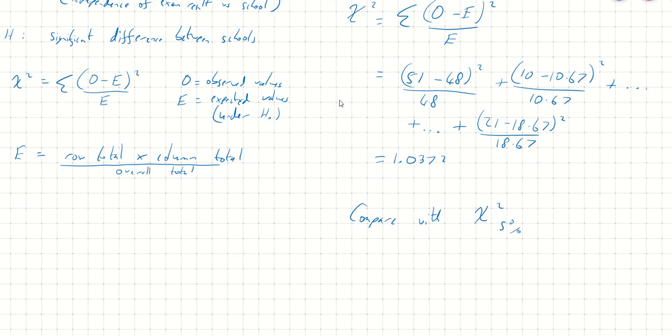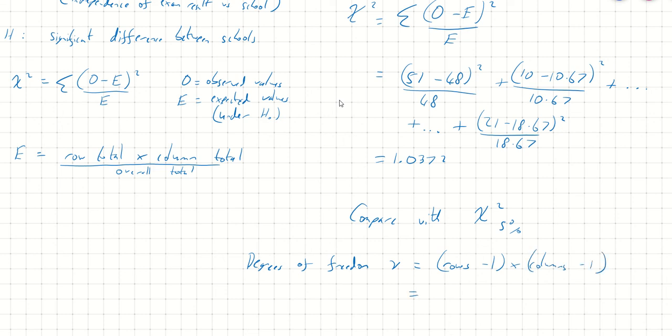If you look at chi-squared statistical tables, they depend on the number of degrees of freedom of your test, and I think we use this letter nu. In a contingency table test, it's rows minus 1 multiplied by columns minus 1.